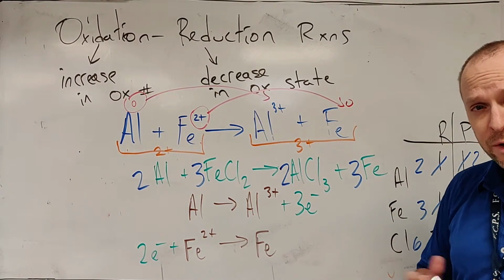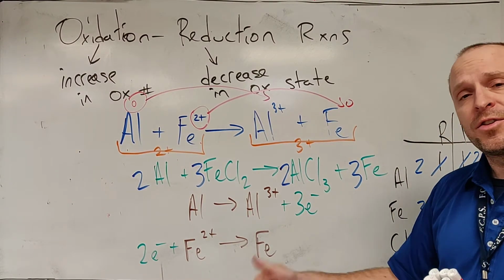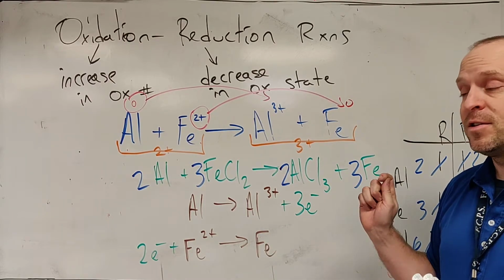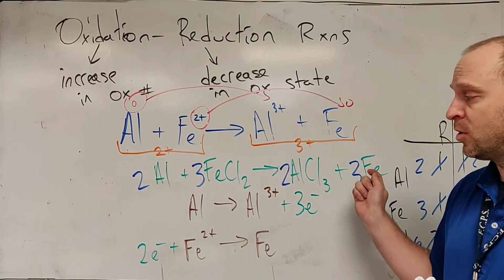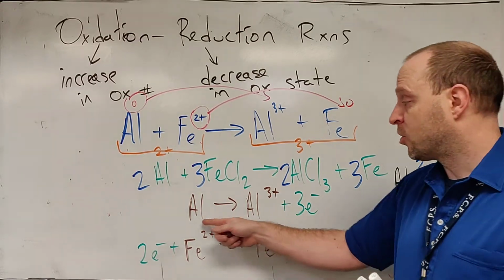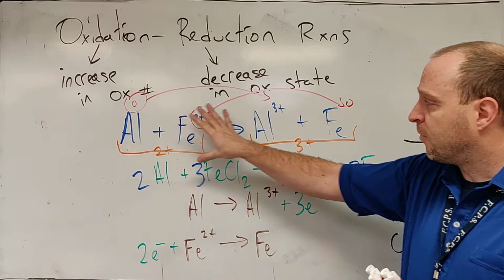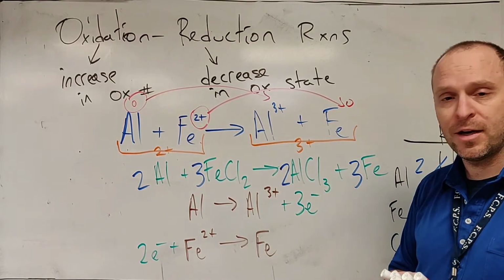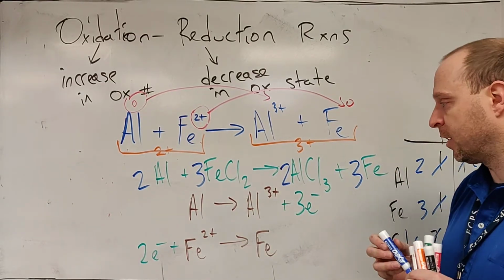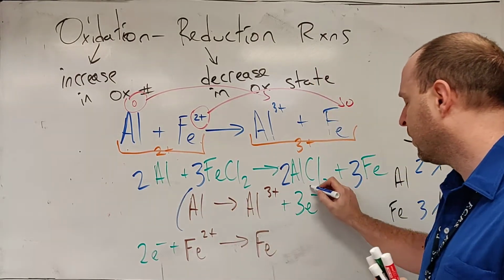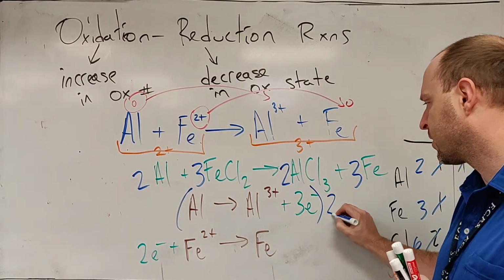So the overshadowing idea with electrochemistry, something has to give up electrons. They have to supply electrons, and that is the reducing agent, because those electrons go somewhere else and reduce it. So this supplies electrons, and this uses electrons, and for the overall reaction, we need that number of electrons to match, all right? Because one is providing them for the other one. So what we end up doing in redox is trying to get those electrons to match.